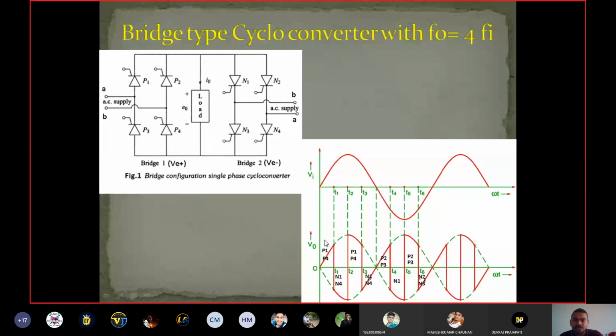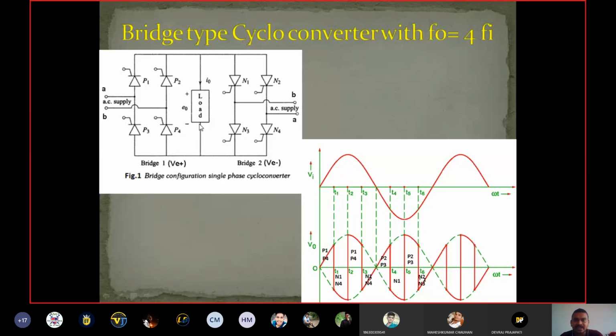Now at the T1 instant, we make P1 and P4 off by force commutation, and give the triggering pulse to N1 and N4. So N1 and N4 become on. In which path is the current flowing? From the A terminal to N4, N4 to D, D to load, load to C, C to N1, and N1 to B negative.